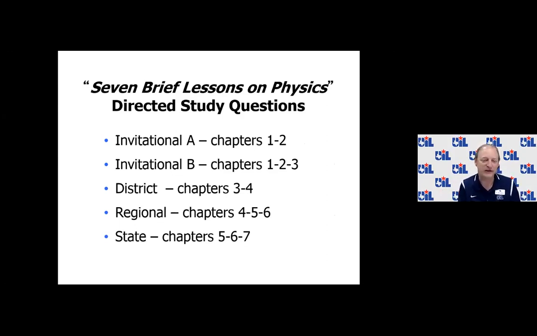Invitational A is just going to be from the first couple of chapters, or lessons, as he calls them. Then we add the third for invitational B, so just a little bit more material there. District repeats that chapter 3, but also now adds 4. Regional will add 5 and 6, and state is the only place where the 7th lesson would be included.